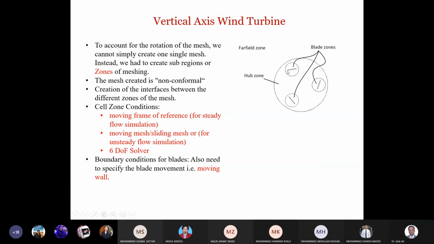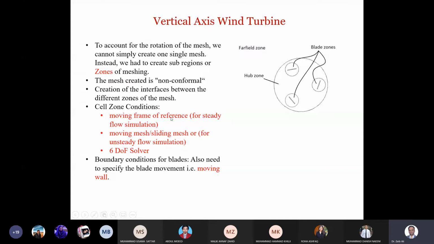So you keep the mesh static, but you tell the solver that this zone is moving with a certain RPM. That's the simplest type of thing. So the blades will stay as they are, and the mesh will still be static. It will not be a moving mesh, but you will be telling the solver that this region is rotating with a certain RPM. So that's the simplest approach.